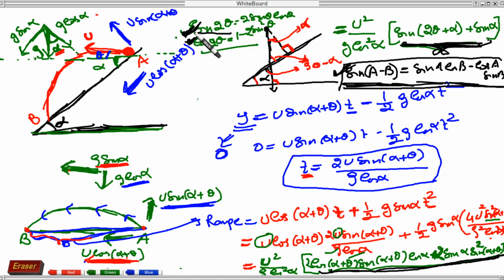We covered most of the part in projectile motion. Let me solve this equation.